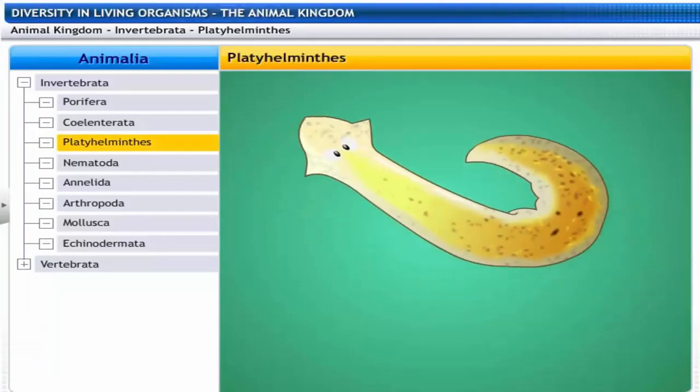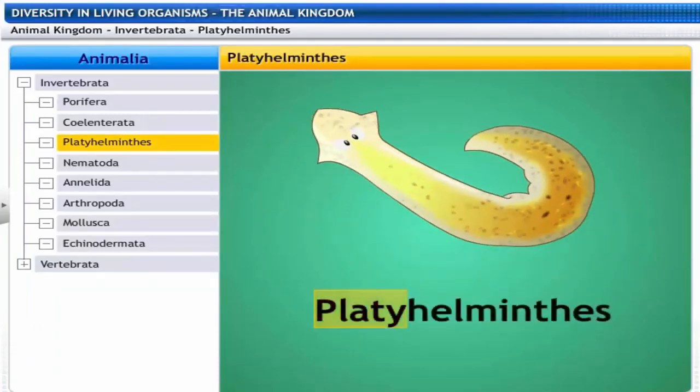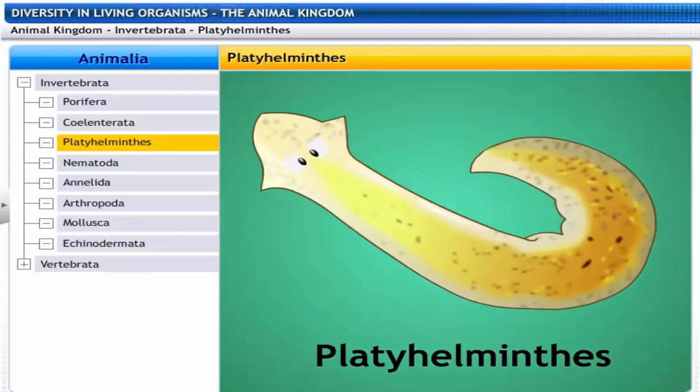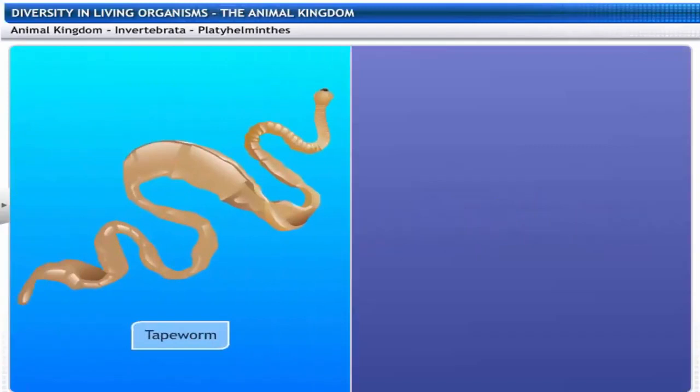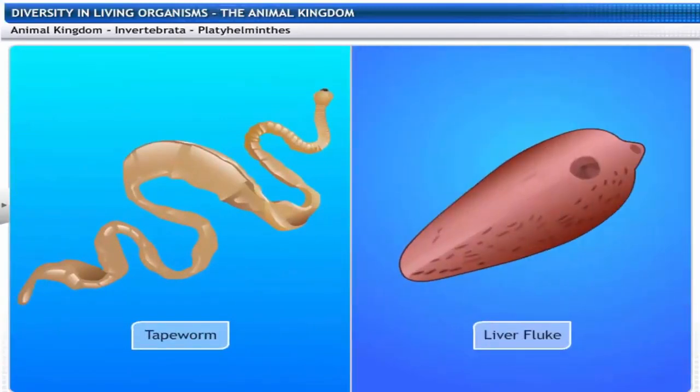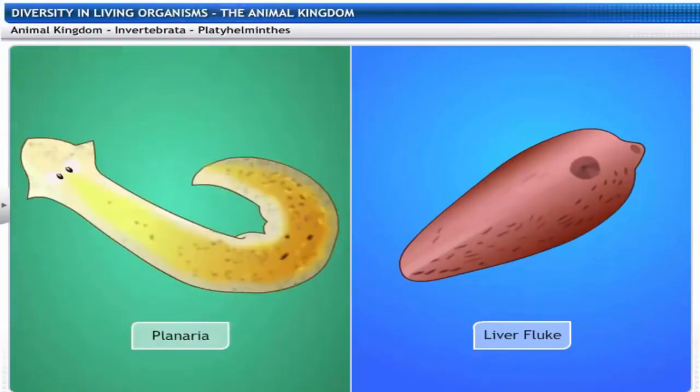Platyhelminths get their name from two Greek words, platy meaning flat, and helminths meaning worms. The phylum Platyhelminthes includes tapeworm and liver fluke. Platyhelminths are either free-living or parasitic.